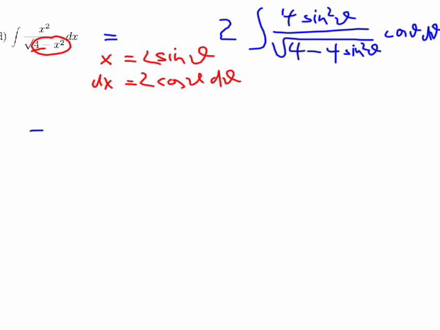Let's do this. In the denominator, we can take a square root of 4 out of the parenthesis, and we can take the square root of this. The square root of 4 is 2.